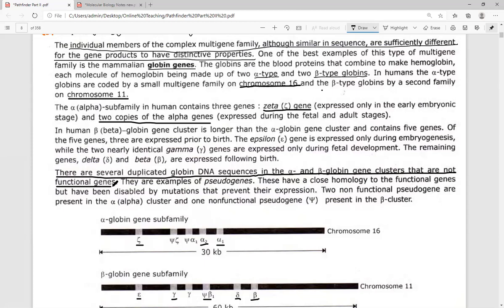As these are non-functional genes, these are referred to as pseudogenes. Those genes which are completely non-functional are referred to as pseudogenes. Pseudogenes are being represented by the letter psi.